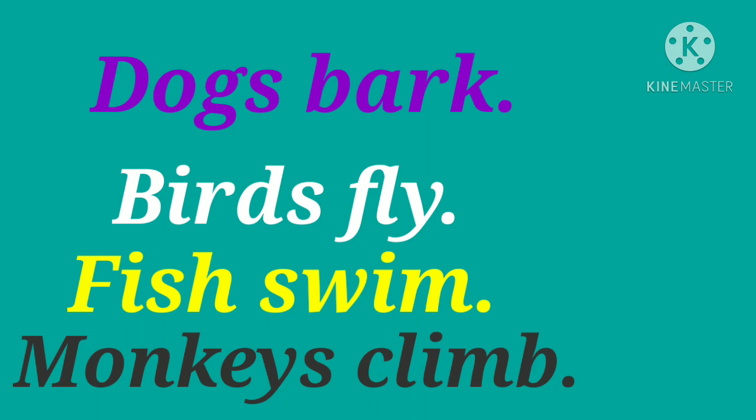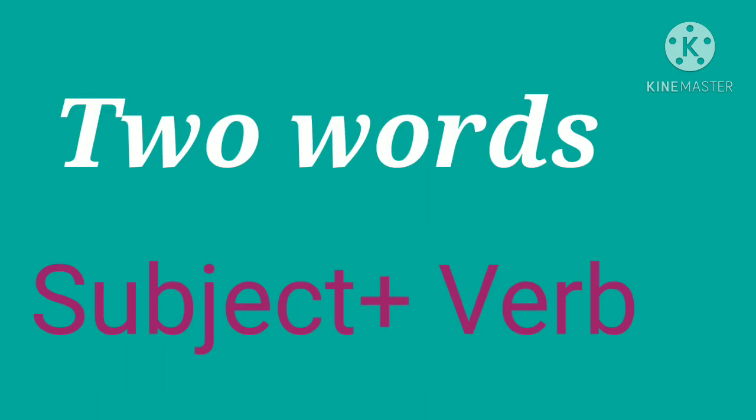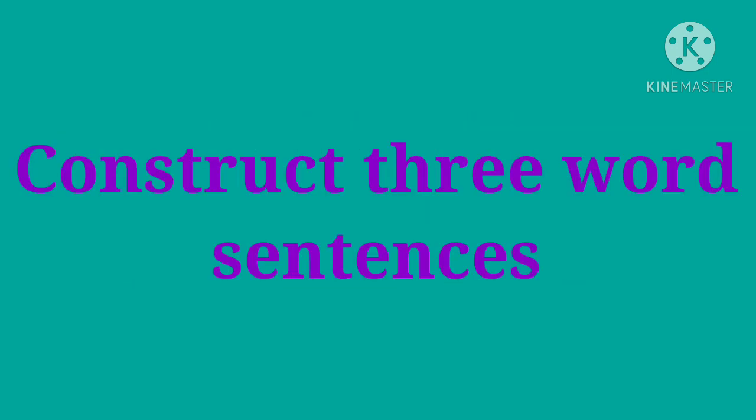This is how you can construct simple sentences using at least two words. Similarly, now we will see how we can make a sentence using three words. So here is a challenge for you.